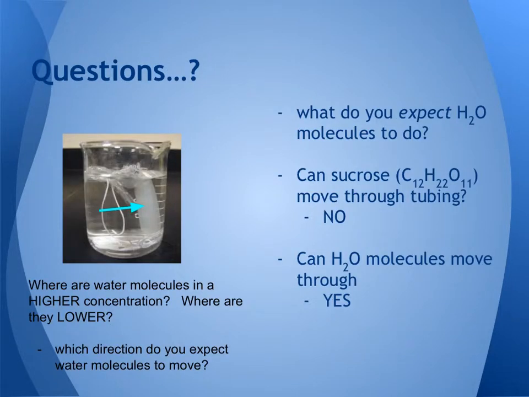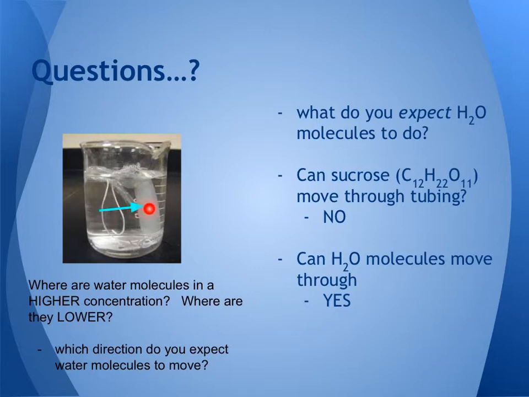So this setup leads to some questions. First of all, what would you expect water molecules to do? Well, of course, we're going to expect them to move from a higher concentration to a lower concentration, down a concentration gradient. In this setup, where is the water in a higher concentration? If it's 100% water out here, and this is a 5% sucrose solution, so in other words, it's 95% water, then where would you expect the water molecules to move?